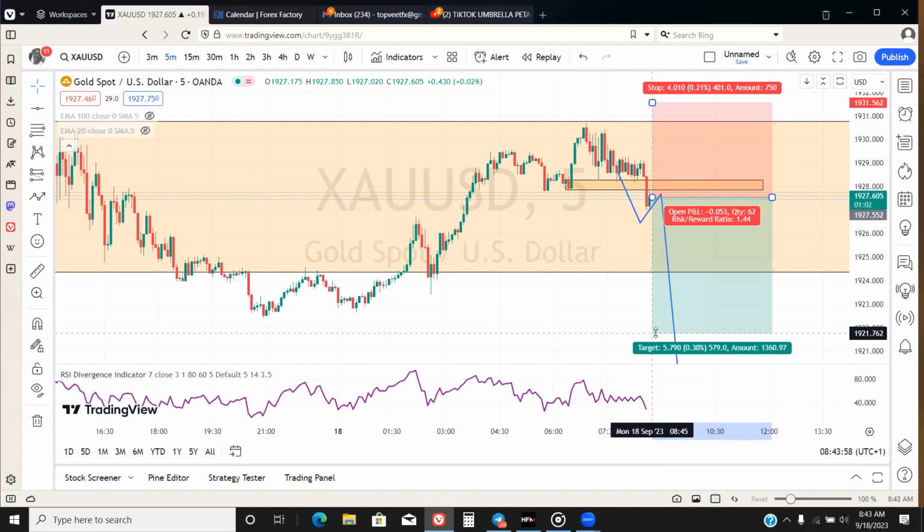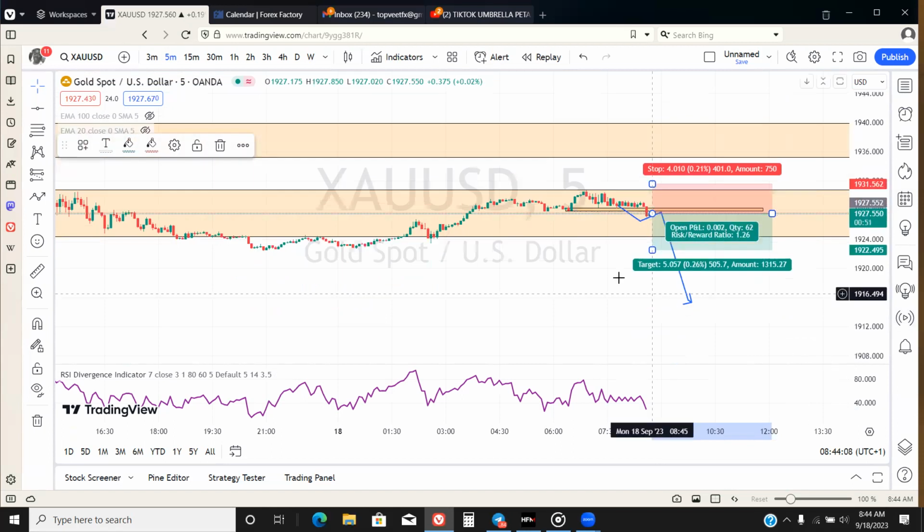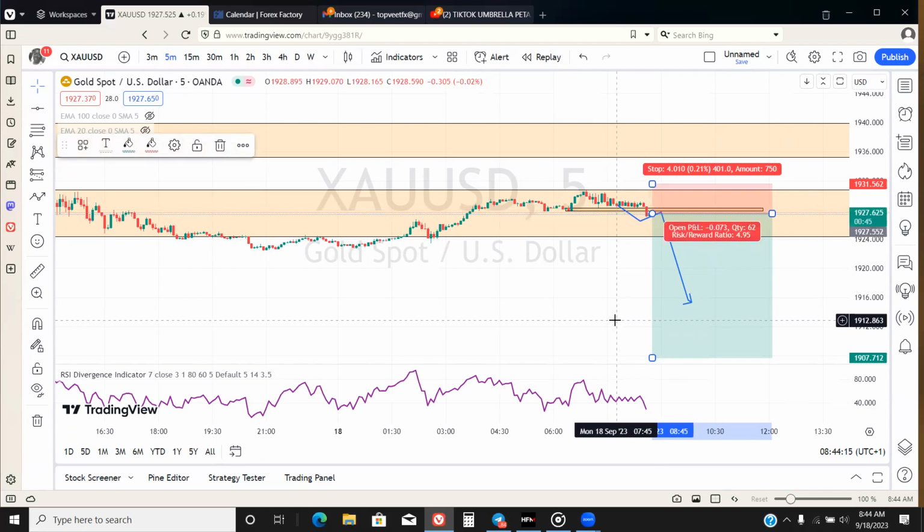Then expect your first TP at 1922, and your second TP should be at 1908. So those are the trades that I see trying to form up this morning.